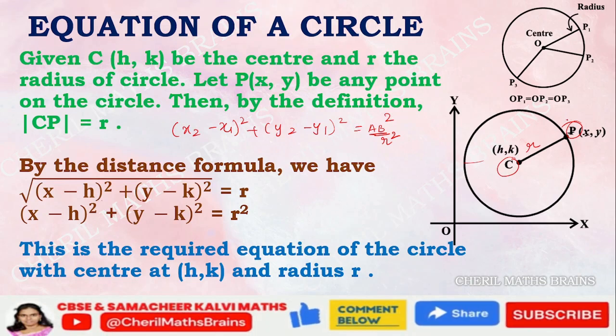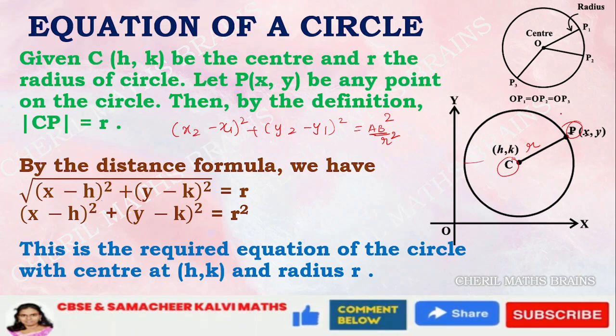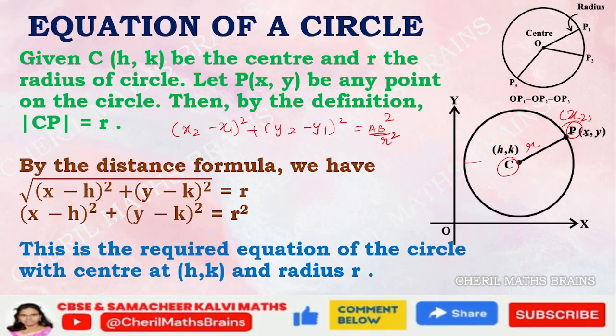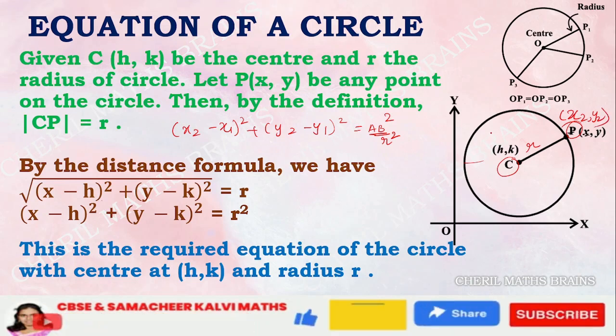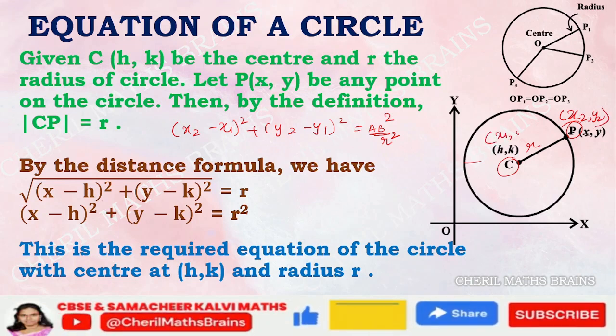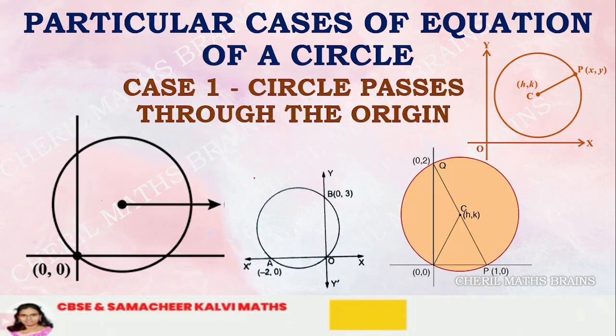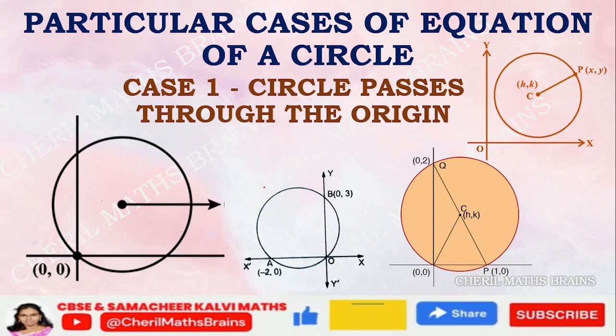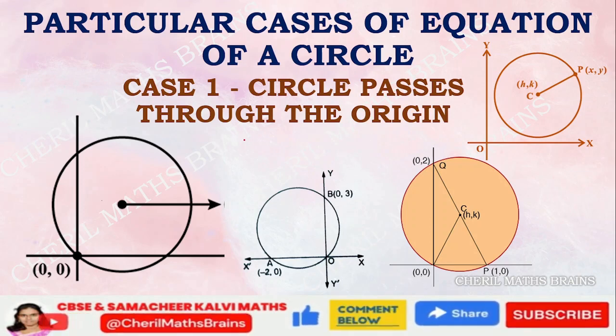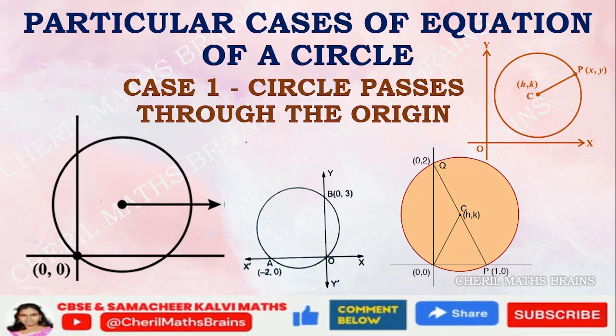Point P we are taking as x2 comma y2, and for point C we are taking x1 comma y1. So with that we are getting this equation. If you have any doubt in how we are going around this concept, please go through the first video of this circle concept, children. Now we'll brush through the first two cases which we saw.